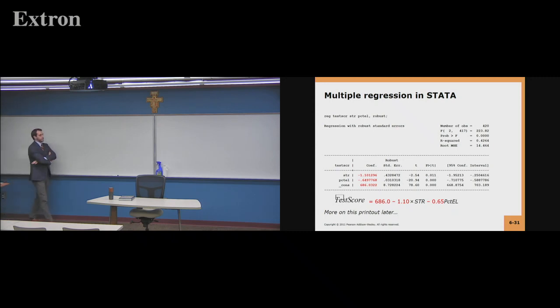Oh, and the p-value for student-teacher ratio. Is this a good p-value? P is greater than the absolute value of T. I mean, yes and no. It's still a good p-value, but it's higher than it was in the last regression.